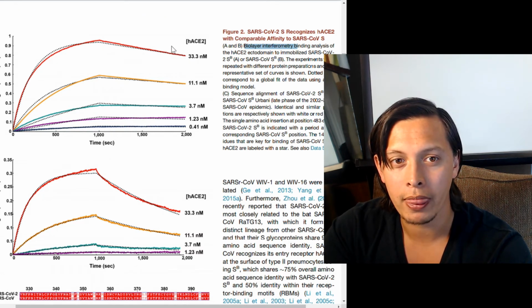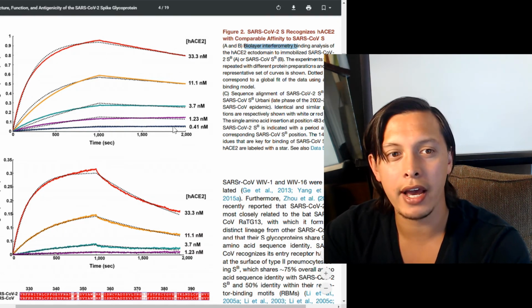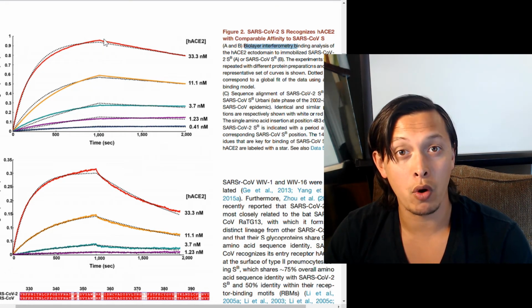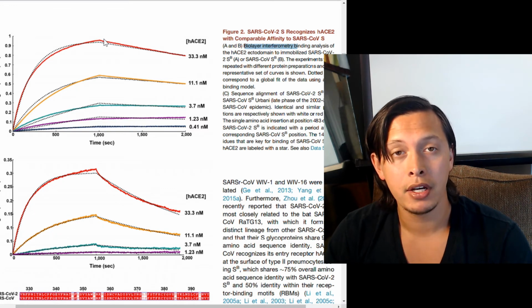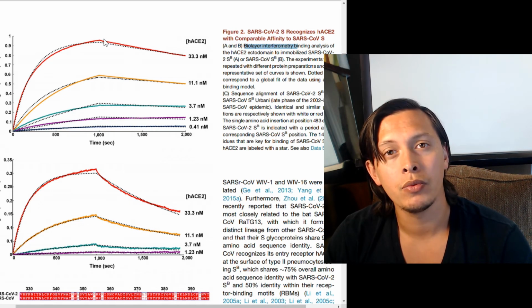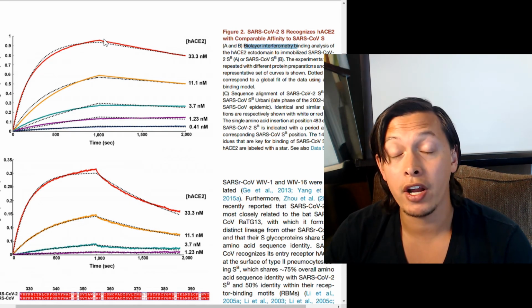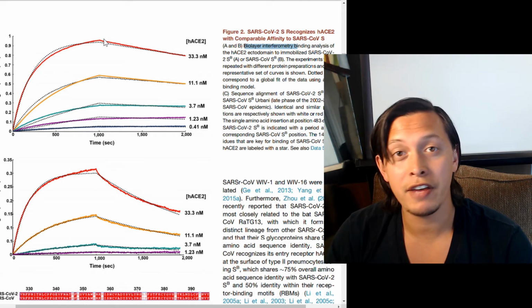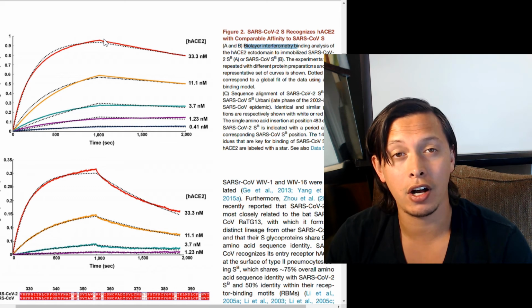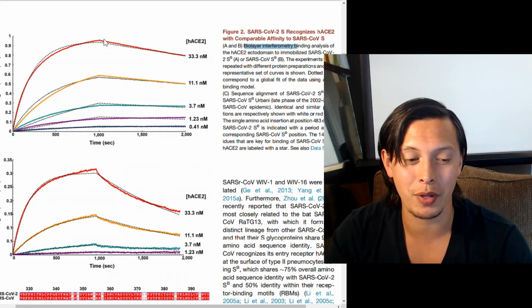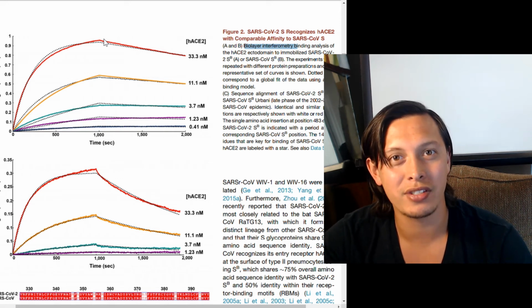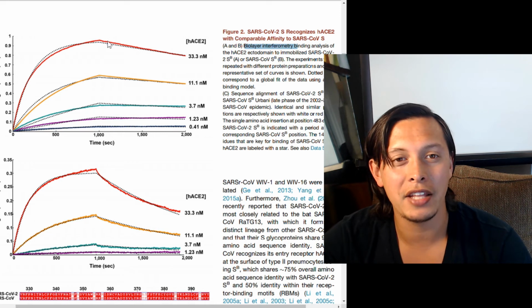So what this can tell you is that after the binding domain of the new coronavirus interacts with the ACE2 receptor, it has a very hard time coming off. So even if you were to completely wash away all the other ACE2 receptors, they are going to stick very hard, and they are not coming off.